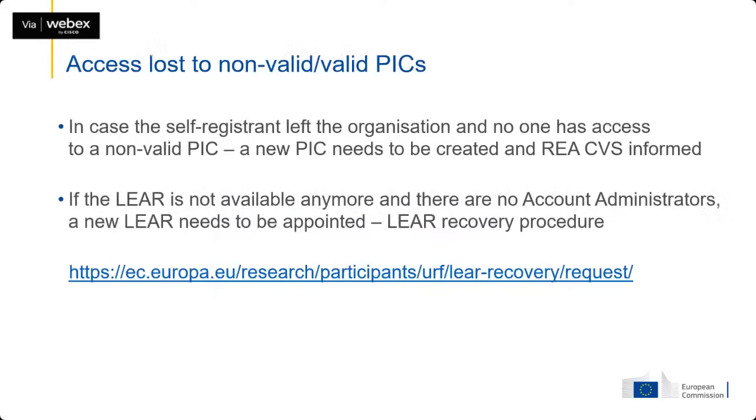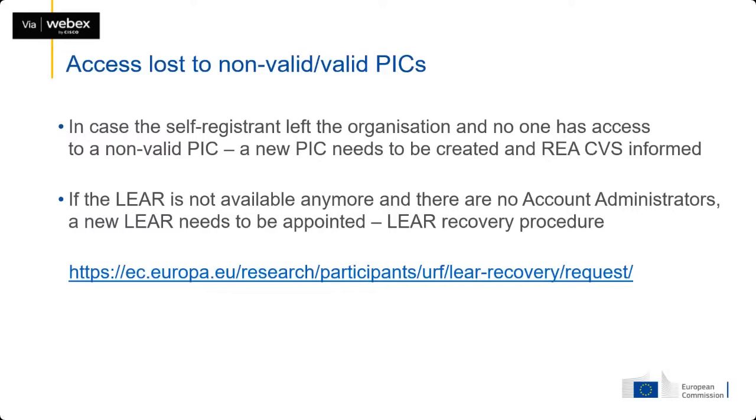And now I would like to clarify something for you: sometimes there are cases where you lose access to your PIC account. In this case, there are 2 possible actions that need to be taken.